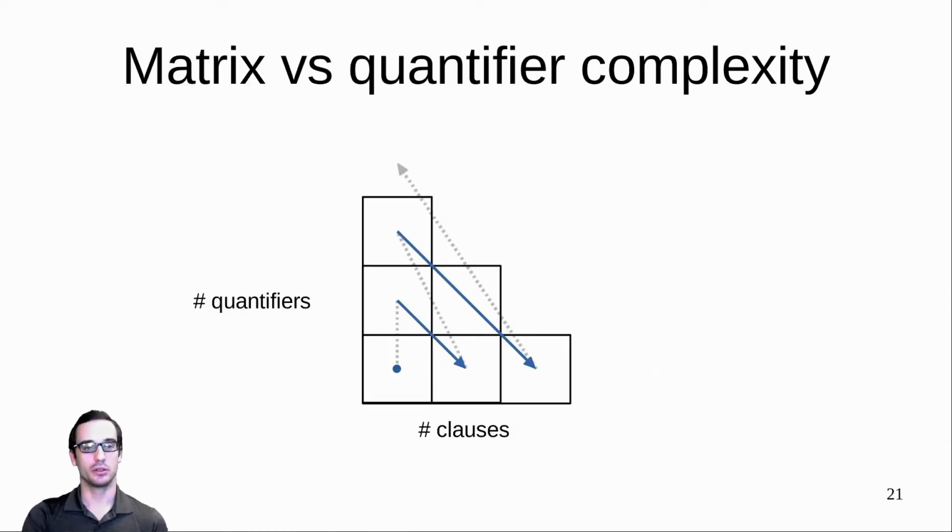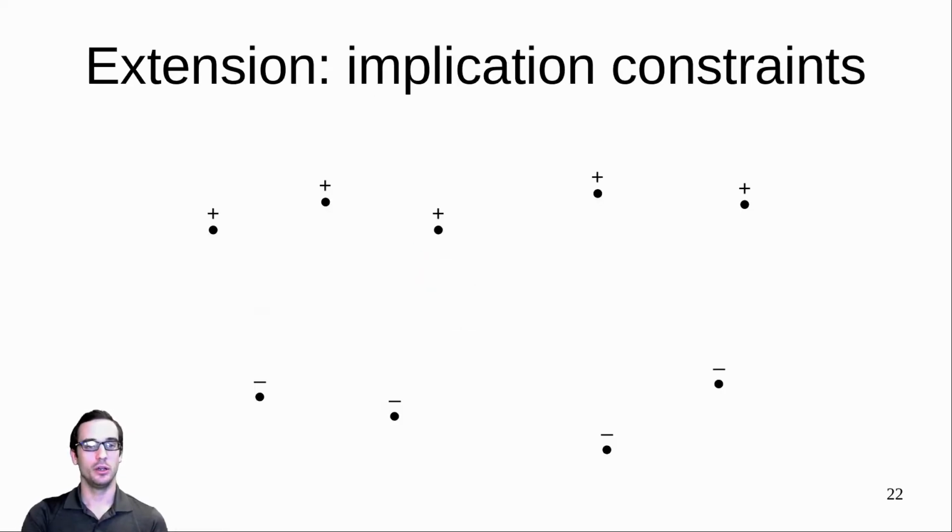In particular, we explore the number of quantifiers and the number of clauses in a diagonal fashion, and this ensures that we find the simplest separator in some sense, where that sense is the minimal sum of these two parameters.